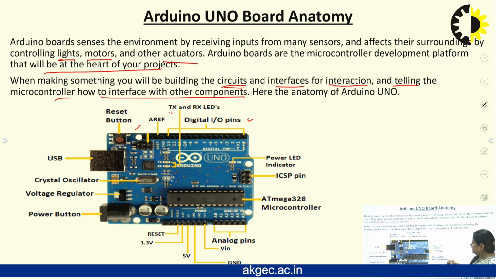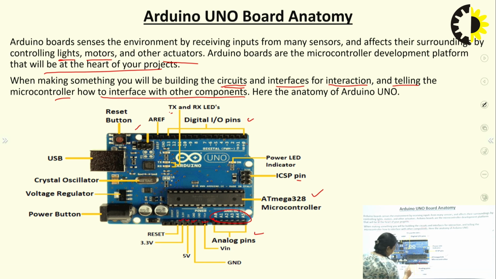Then the ICSP pin, the ATmega328 microcontroller, analog pins A0 to A5, the Vin pin, ground pins, 5 volt and 3.3 volt output pins, reset pins, power button, voltage regulator, crystal oscillator, USB port and reset again. These are all the parts of the Arduino Uno board.